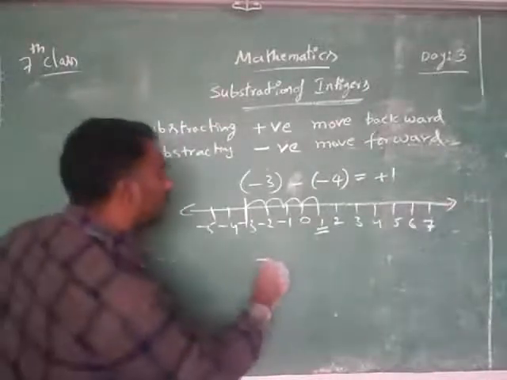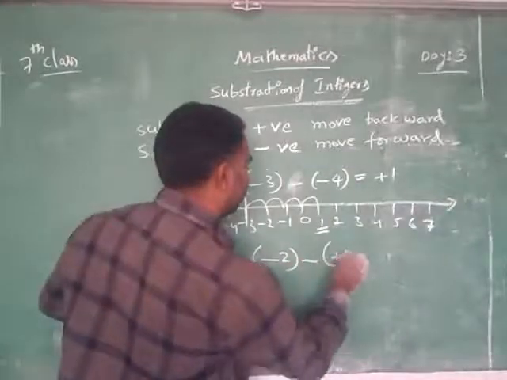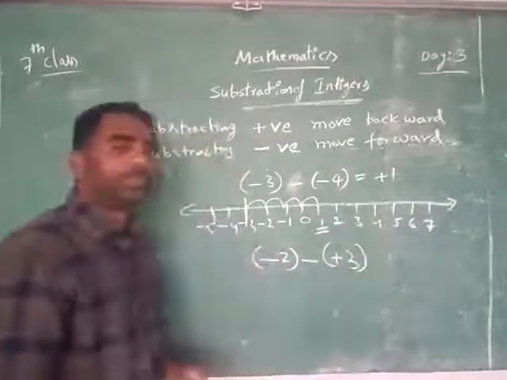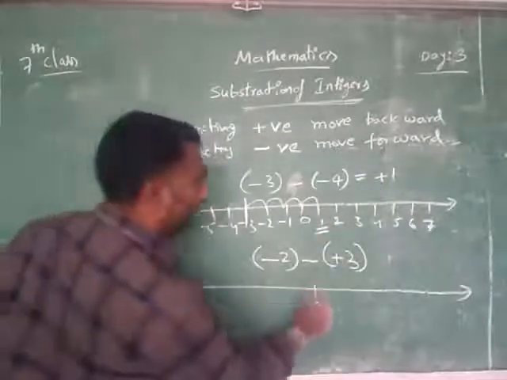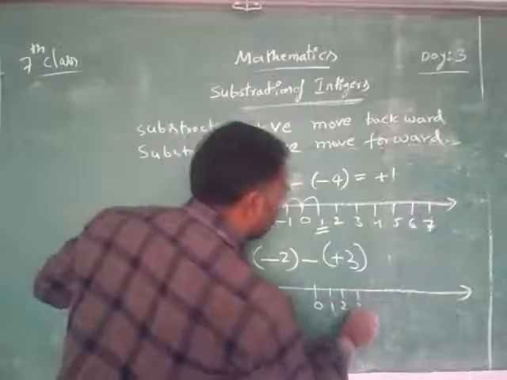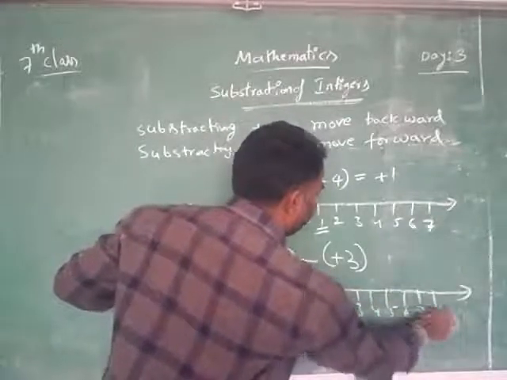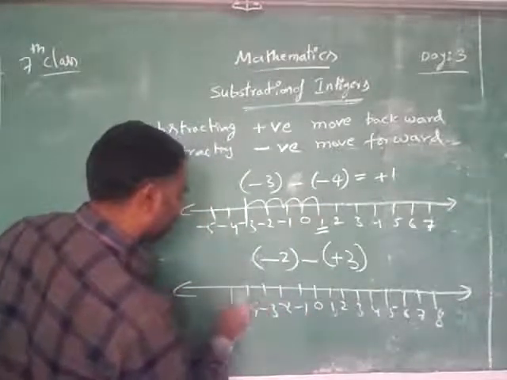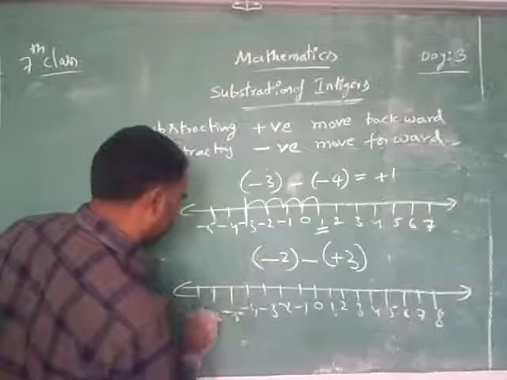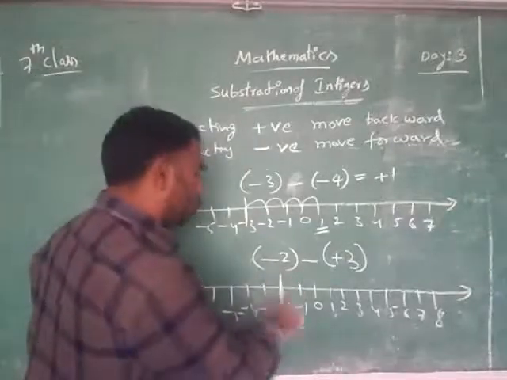One more example, minus 2 minus plus 3. So draw the number line, write the numbers on the number line. Now keep the first finger at minus 2.